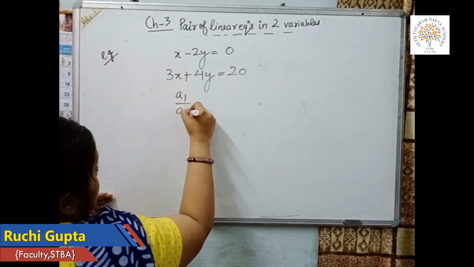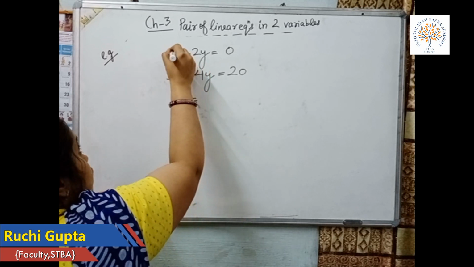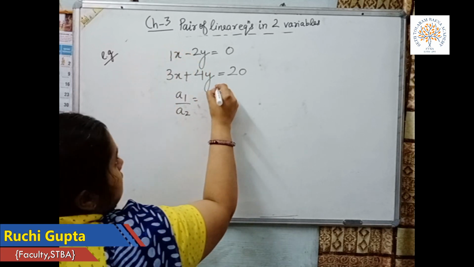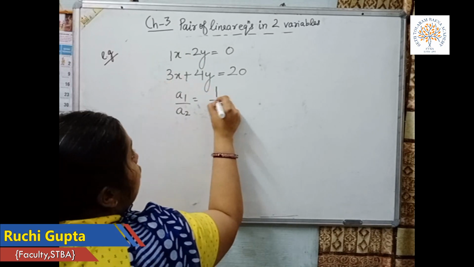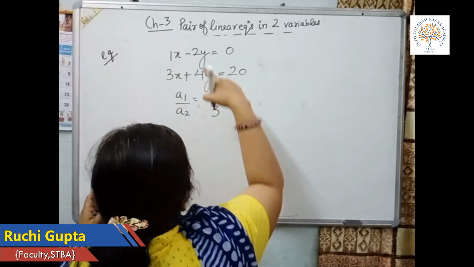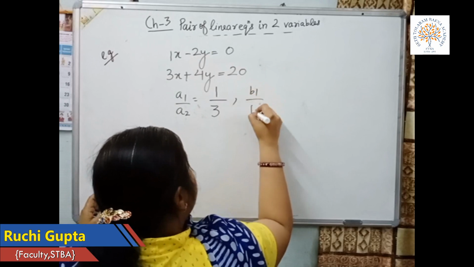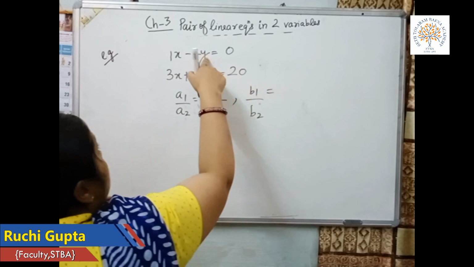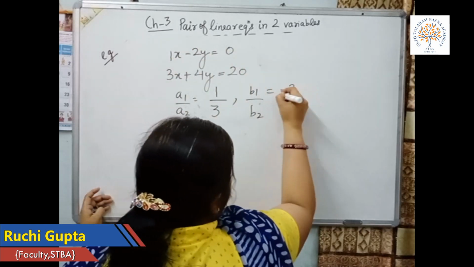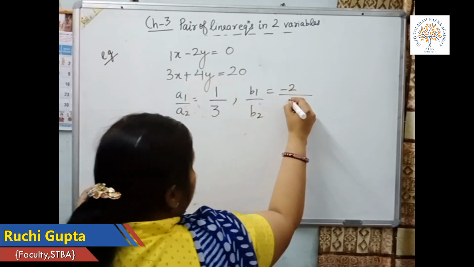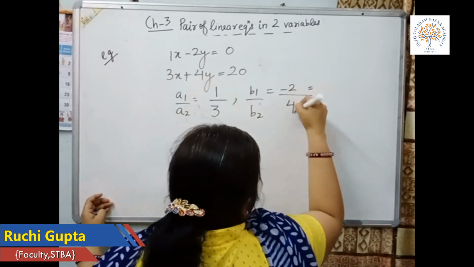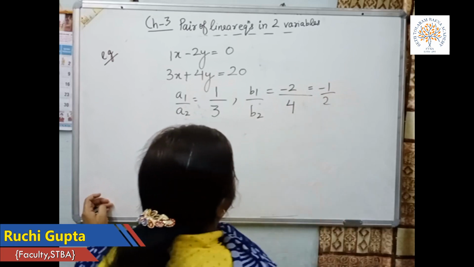So what is a1 upon a2? Here the coefficient of x is 1, so a1 is 1 and a2 is 3. Okay students, what is b1 upon b2? Here the coefficient of y is minus 2 and the other coefficient of y is 4. If we cancel them, we get minus 1 upon 2.